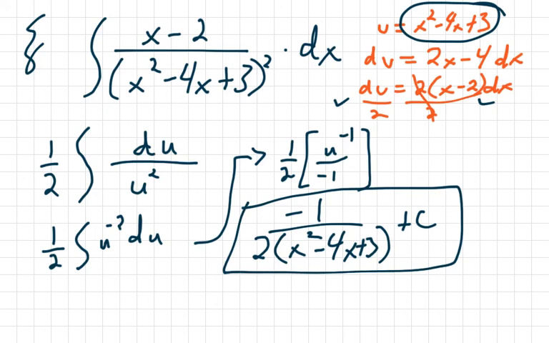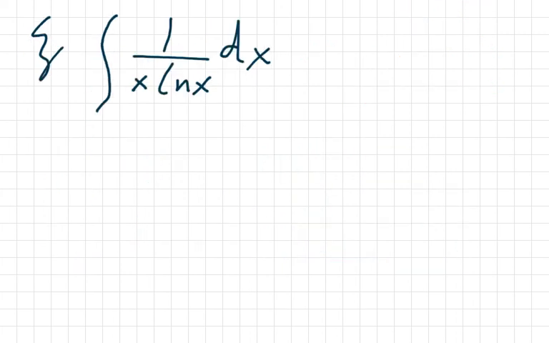Let's see what's our next example here. Okay, I like the ln examples, or natural logarithm ones, because I always go with the idea that whenever I've got a ln x, I start with u equaling ln x. That's my hint with this. That's where I start. It might not always work, but that's where I'm going. So without even thinking, when I see the natural log of x, I let u equal ln x.